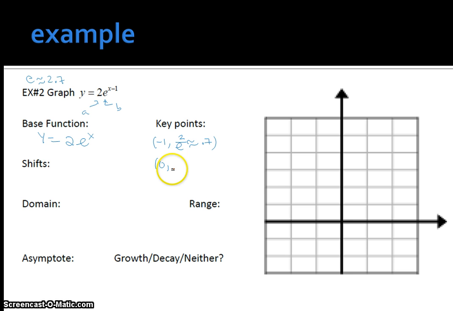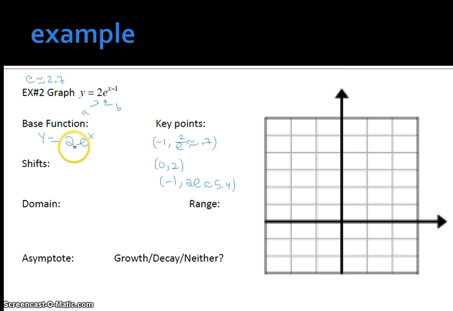Then 0 comma a, so 0 comma 2, and 1 comma a times b, which is 2e, or approximately equal to 5.4. So you won't have a graphing calculator, but you will have a baby calculator. To find these approximate values, you just need to know that e is about 2.7. So you should be sufficient on a baby calculator.